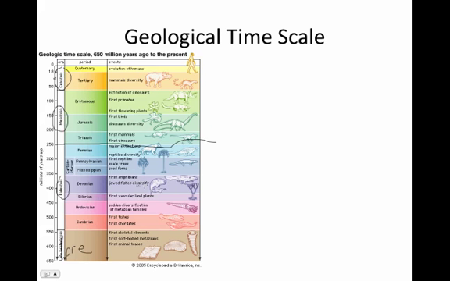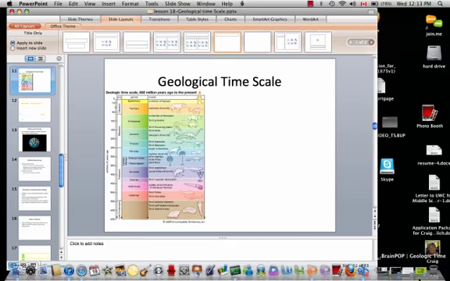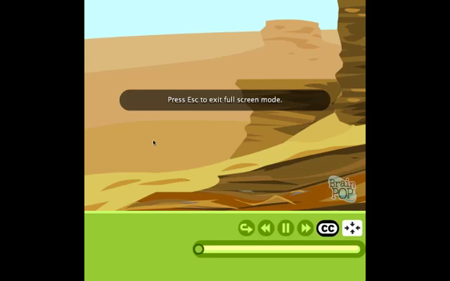The first amphibians, the first land plants, the first fish. In the Precambrian, the first skeletal elements, soft-bodied organisms also. And in the Cenozoic, humans came about. Okay, the first humans. Let's look at the BrainPOP on geological time scale, and then we'll get into some absolute dating.